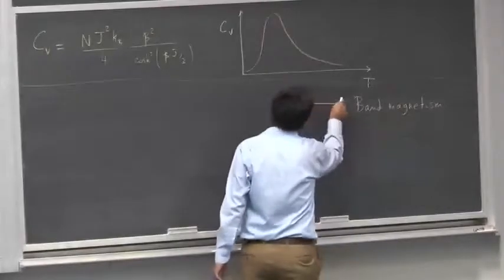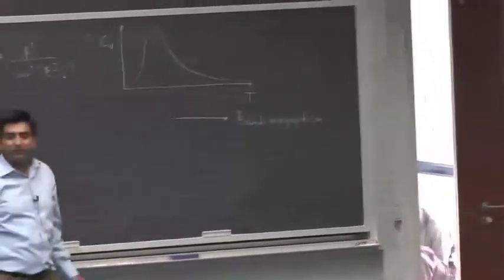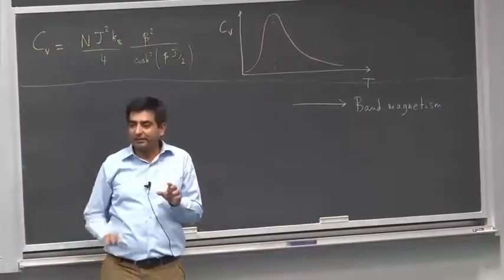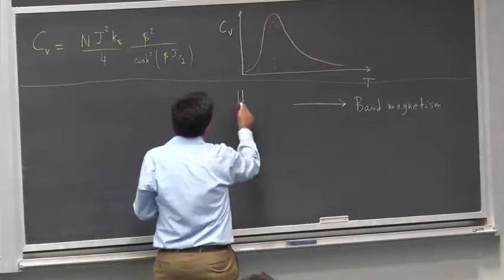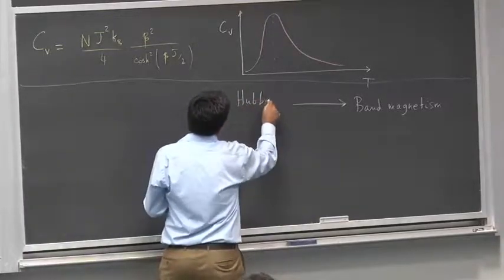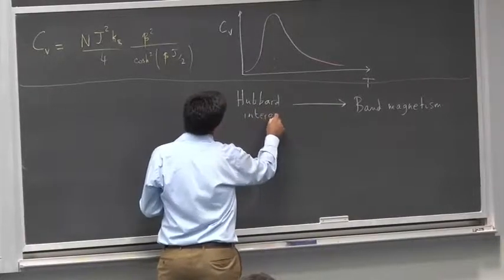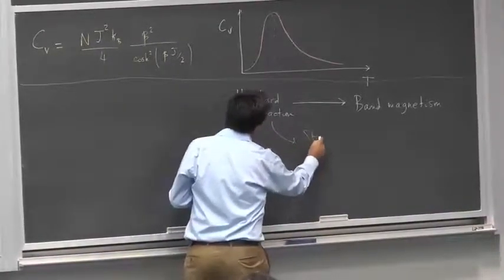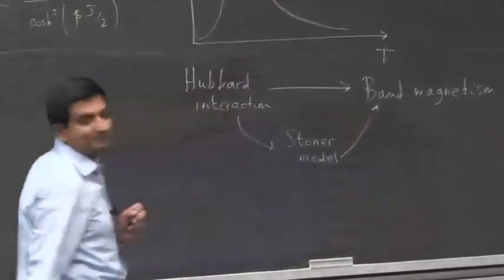For that, I would need a model which is not a mean field model, but is a model based upon interactions. And the model that I would like to introduce is the Hubbard model, or the Hubbard interaction. Through the Hubbard interaction, I will talk about the Stoner model. That is a good description of band magnetism.